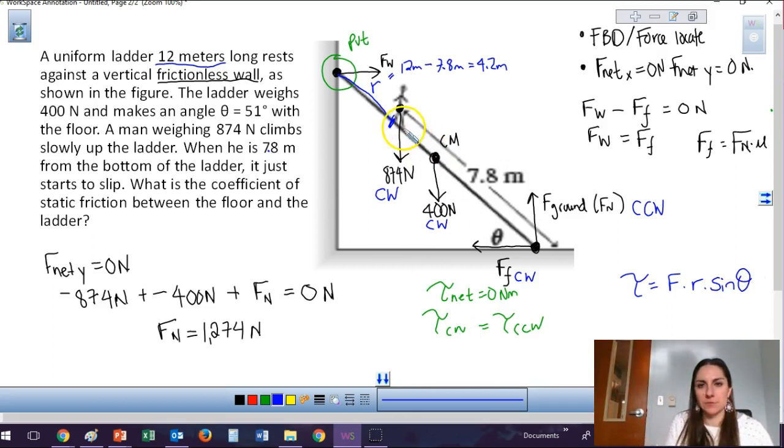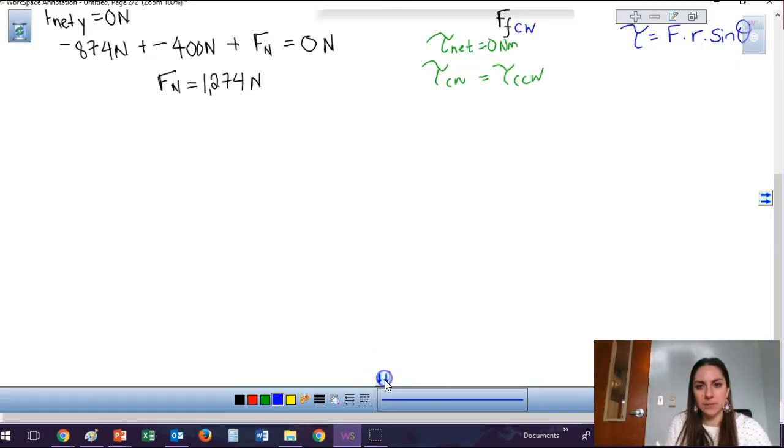So here's where it gets fun, right? Notice that this does not make a right angle to our system. So let me take this out of the problem.